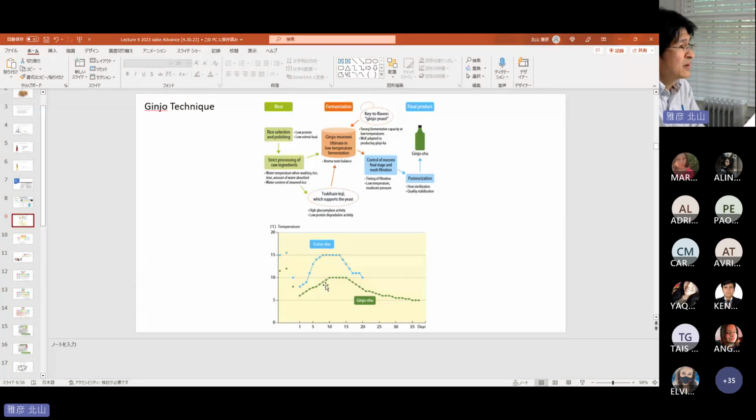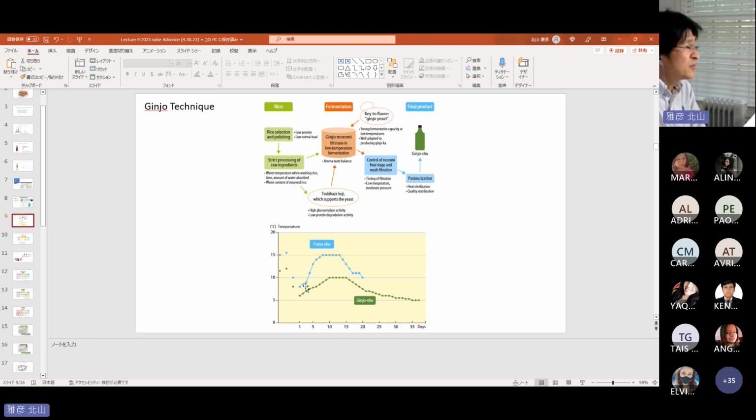And it takes a long time to make ginjo sake, more than 1 month, to complete fermentation. So we have to keep the temperature very low, and the yeast will produce a ginjo aroma, fruity aroma, or floral aroma.